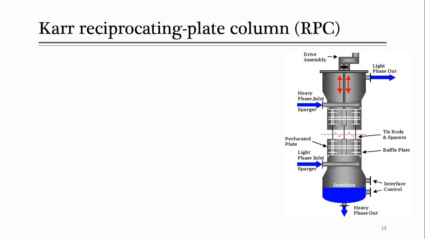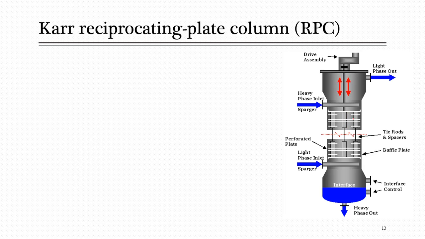First of all, look at the diagram. Here you can see that the heavy liquid is entering and leaving the system after settling through this part, as well as the main liquid is moving and leaving. Overall you can see that we have a drive assembly, a motor which is connected to the shaft, and that shaft is connected to the internals of the column.